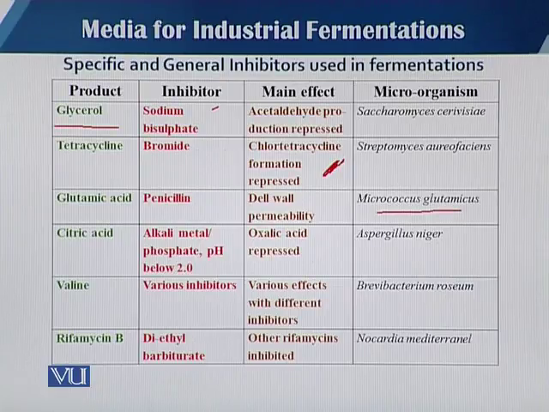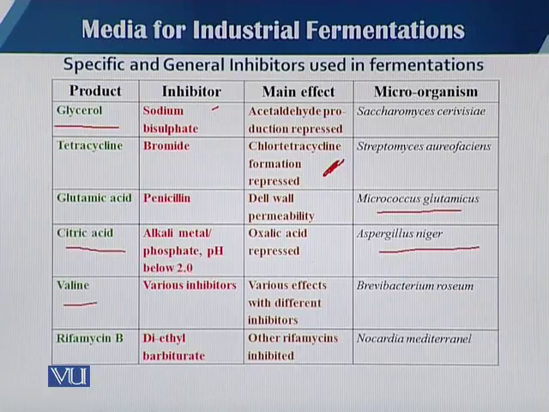In case of citric acid production, I have already given you the example of the inhibition of that enzyme. The alkali metal, phosphate, and a pH below 2 basically inhibit, and the effect is that oxalic acid is repressed. The organism mostly used is Aspergillus niger, a filamentous fungus.